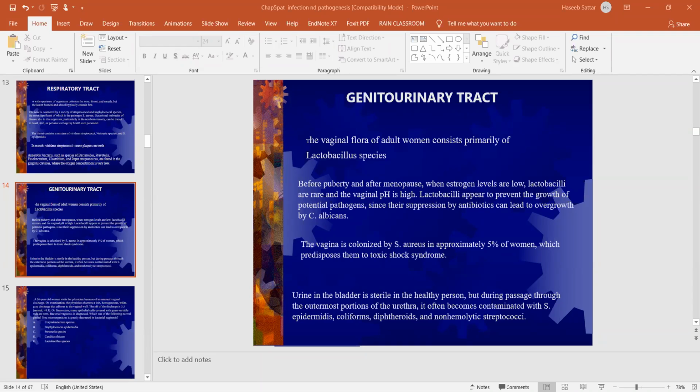If a person is using long term or broad spectrum antibiotics, the normal flora will be killed as well, and that will lead to an overgrowth of a fungal infection, that is Candida albicans. Candida albicans is a yeast or a fungus, and it will lead to candidiasis. The disease name we call candidiasis.